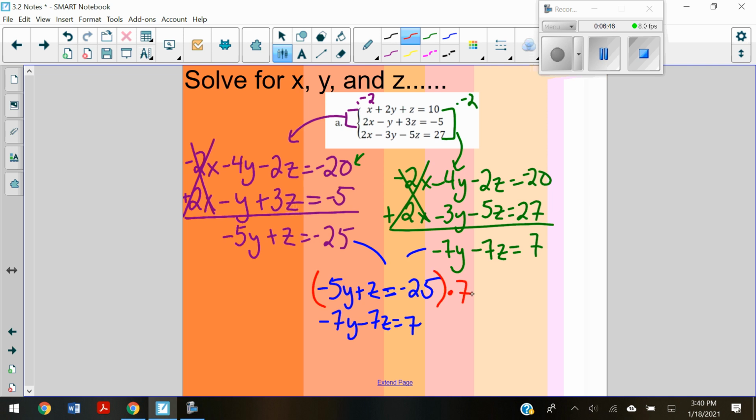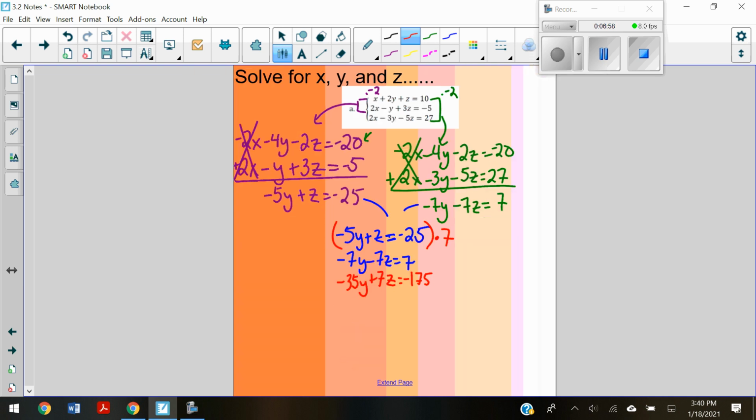Okay, and I'm just going to write it beneath. So I get negative 35y plus 7z equals negative 175. So now I'm looking at this blue equation and this red equation. I get negative 42y equals, and that cancels out the z's.